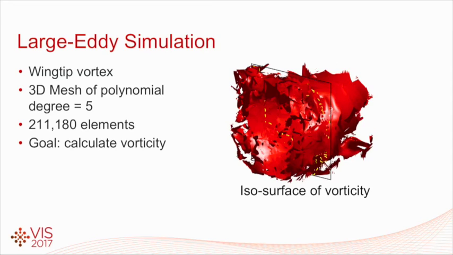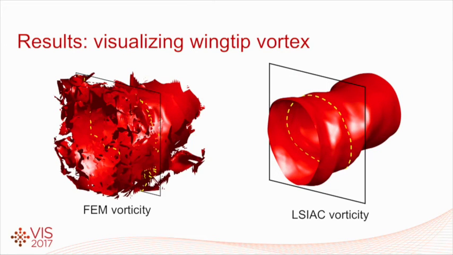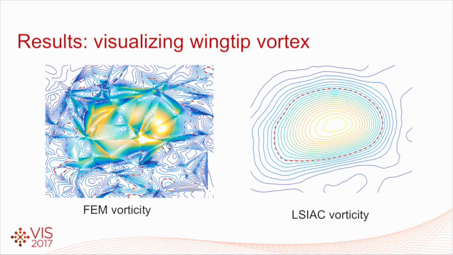And if you compare this result with line-SIAC, you can see line-SIAC has a clear isosurface. Now we take a 2D slice in this data represented by the black frame, and the iso contour represented by the yellow dotted line is continuous compared to the FEM vorticity. To do this comparison, we now visualize the 2D slices, and the yellow line in the previous slide is the red line in this visualization.